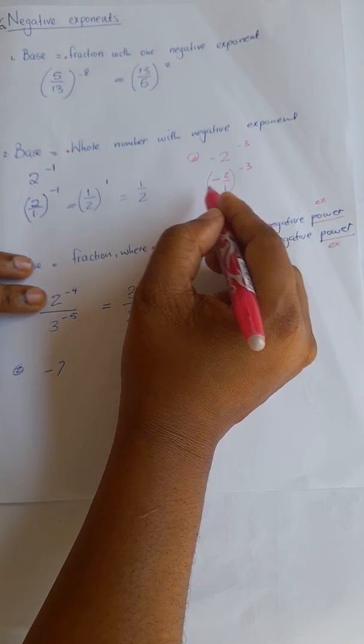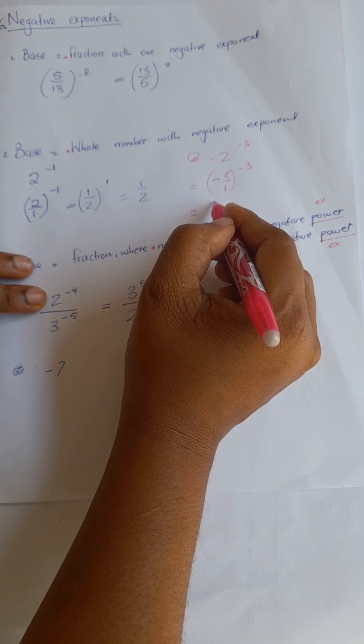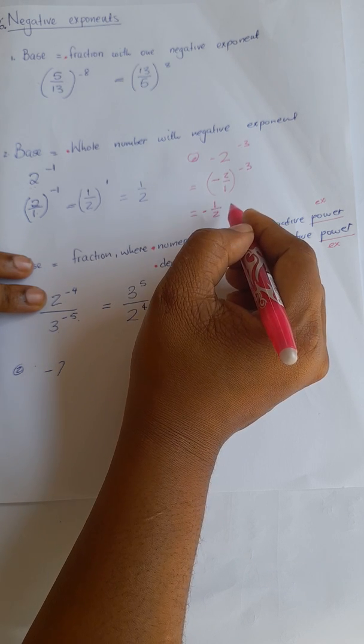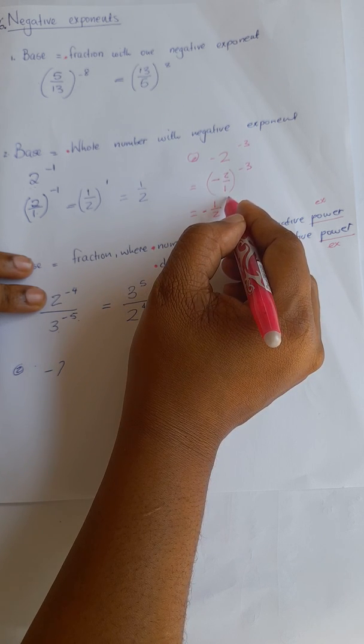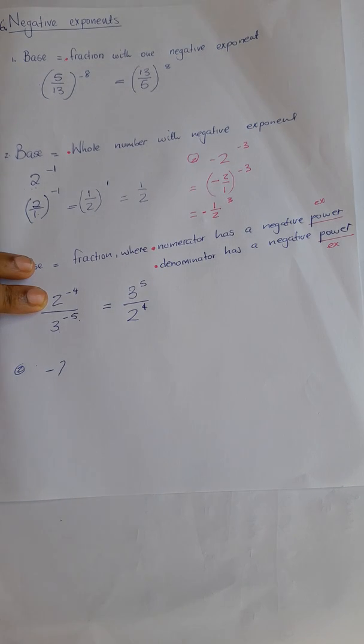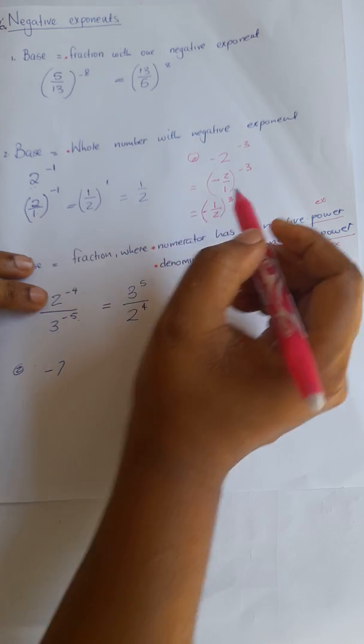Now what am I going to do? I'm going to swap the numerator and denominator. So I'm going to have 1 over 2, still minus, and this will be to the power of 3. Have I done the correct thing? Yes, everything will be to the power of 3.